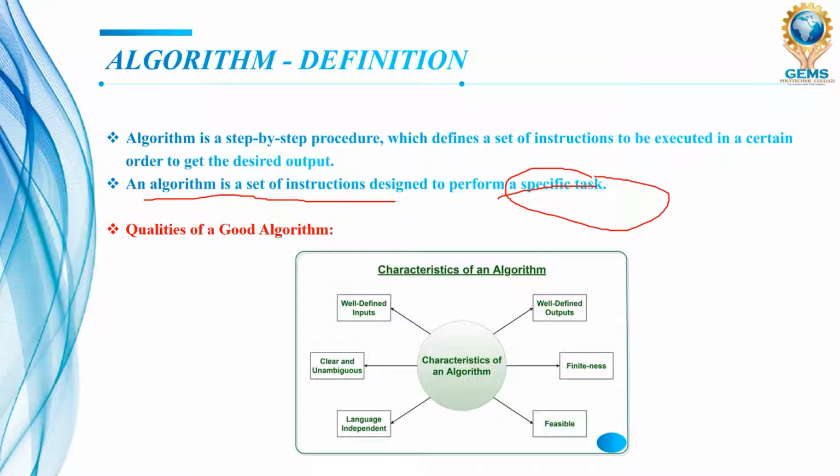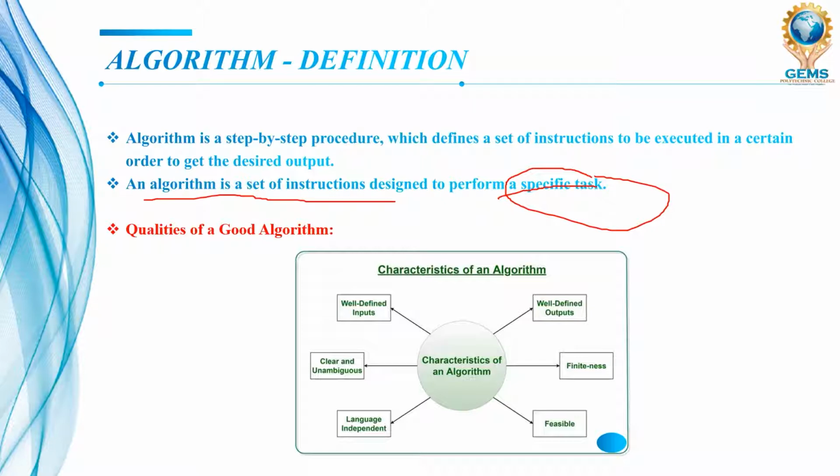Clear? Now, if I am writing an algorithm, how should our algorithm be? That means I am talking about the quality or characteristics of an algorithm. So our algorithm should be clear and unambiguous.